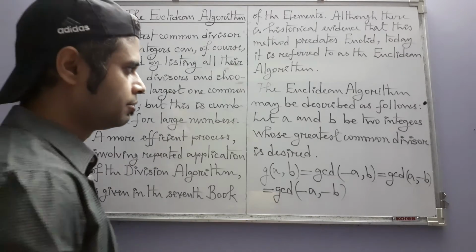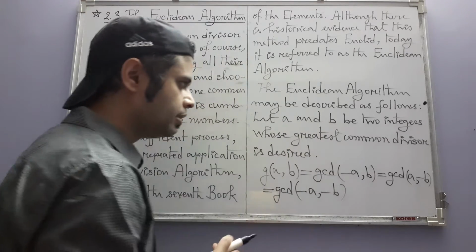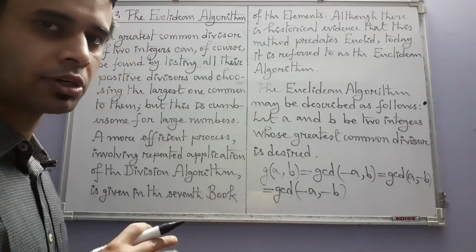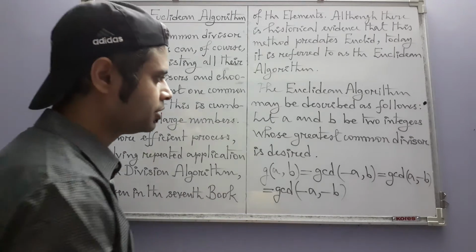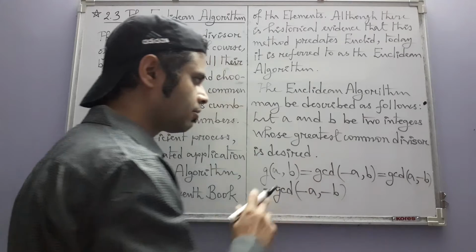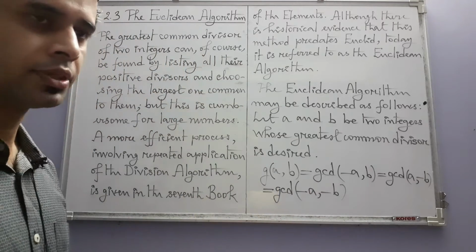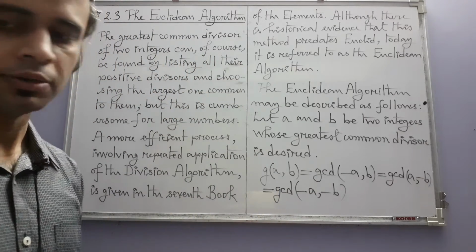So that is why, although these two integers may be positive or negative or any possible combination, it's enough to consider only the positive versions of them, that is, their absolute values.